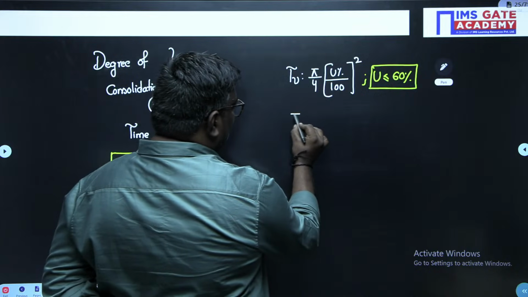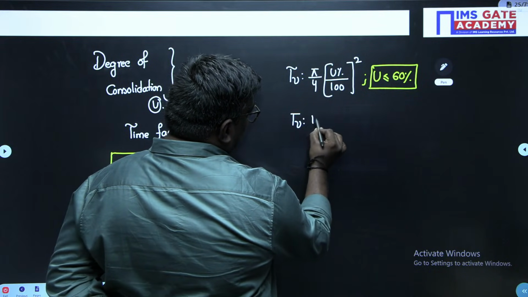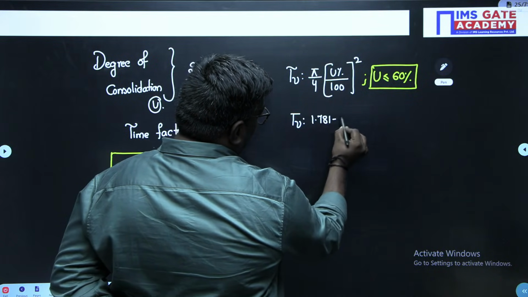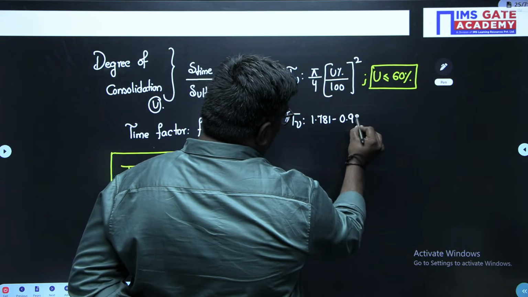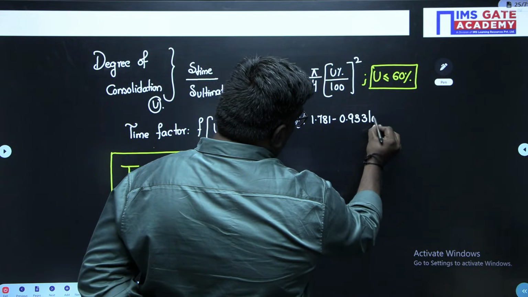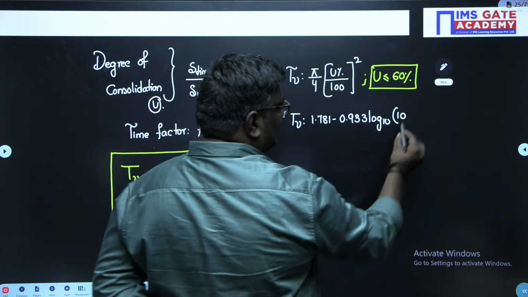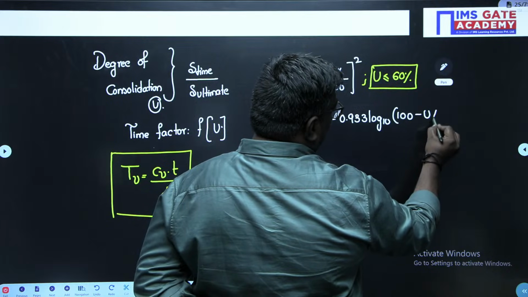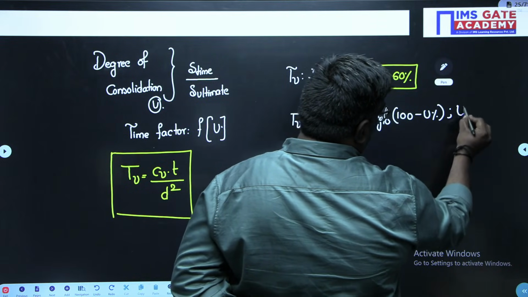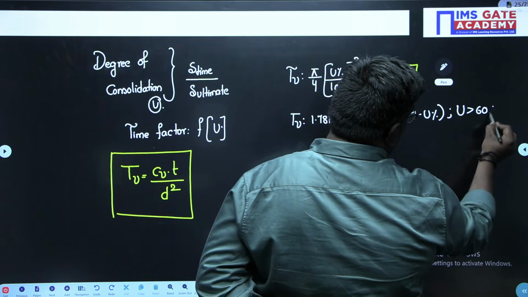And time factor TV can be written as 1.781 minus 0.933 into log 10 of (100 minus U percentile) when the degree of consolidation is more than 60%.